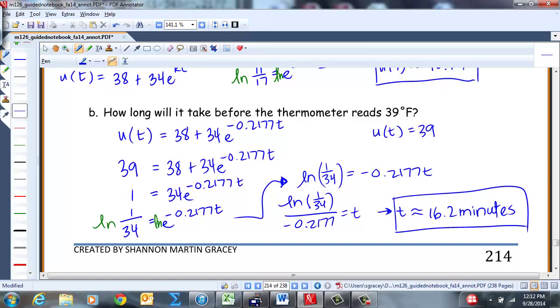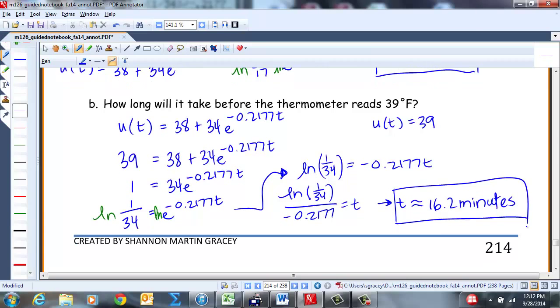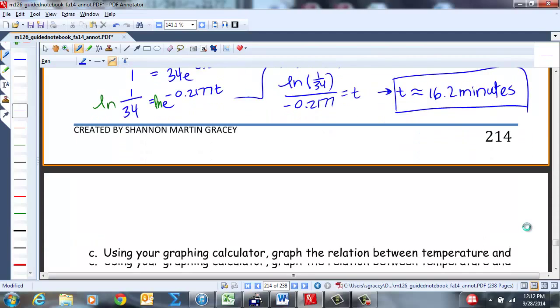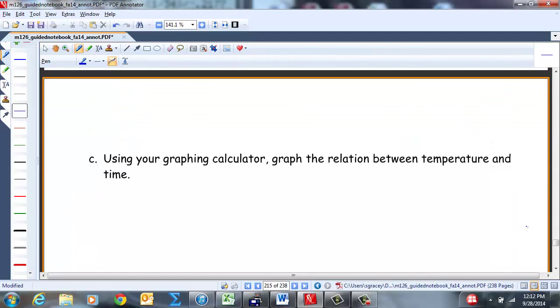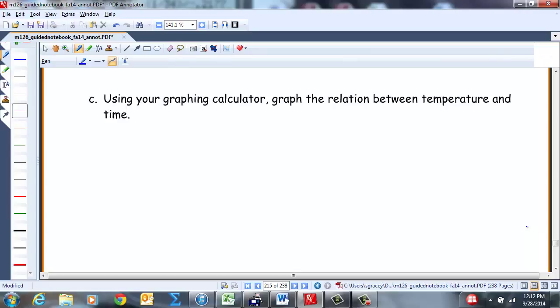All right. Okay, so let's take a look at what a picture of this would be. We want to graph the relation between temperature and time. So our y1 this time will be 38 plus 34 times e to the negative 0.2177 times x.